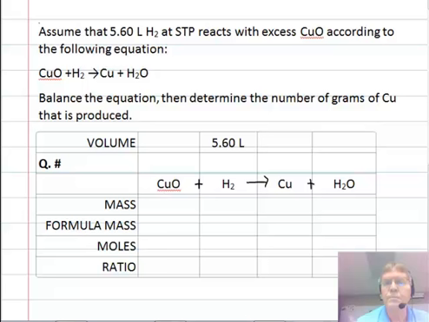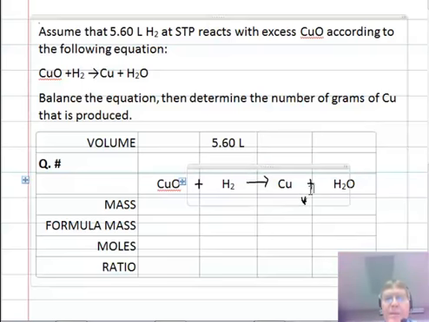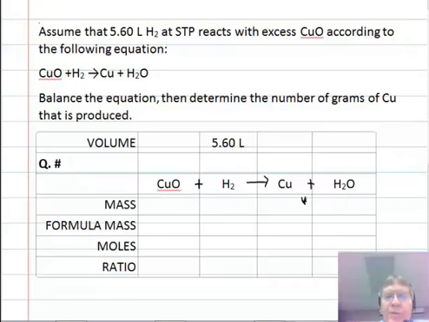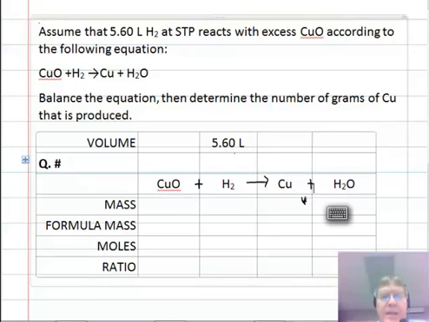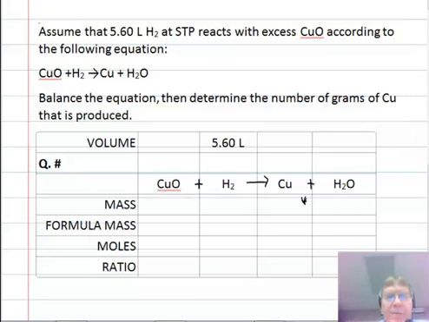So we're starting here with the number of liters of hydrogen gas, and we're being asked to find the number of grams of copper. All right, so what we're going to do first, and this is the key to using this table. Now what you see, we've put in the volume line up above here. When you use volume, you go directly from volume to moles.